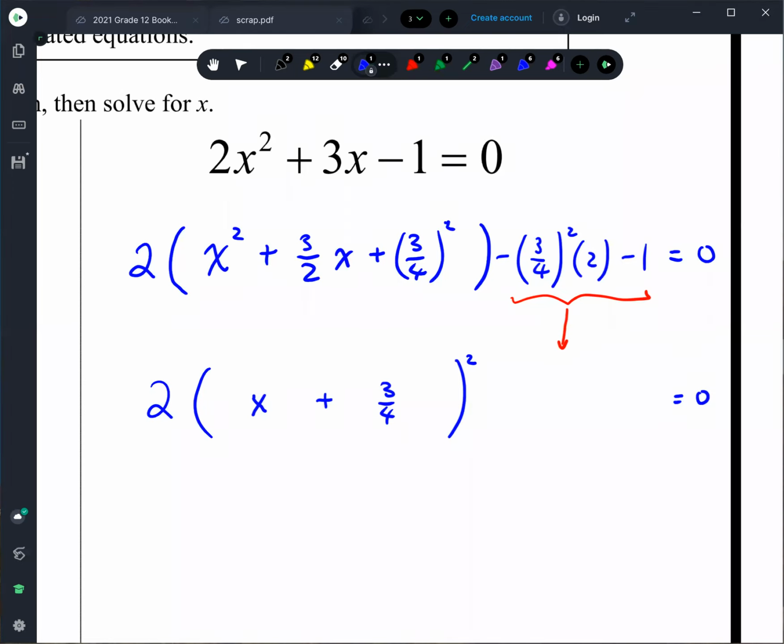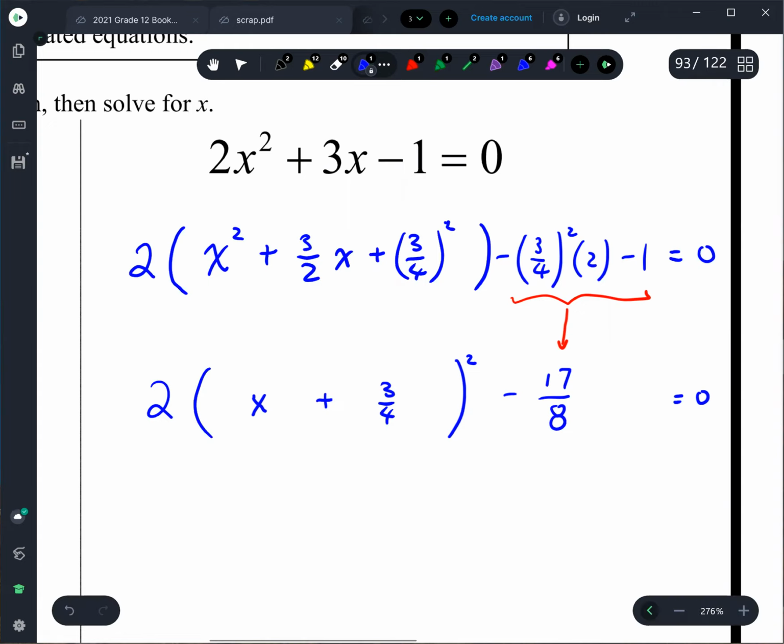Okay, Geoffrey, what number do you have? I got negative 17 over 8. Okay, negative 17 over 8.